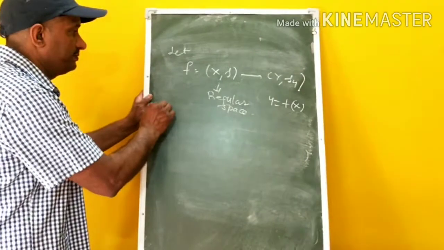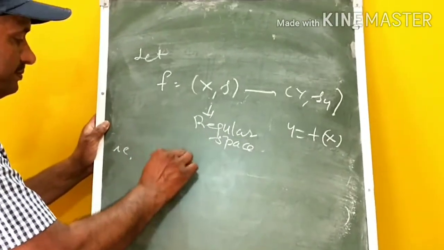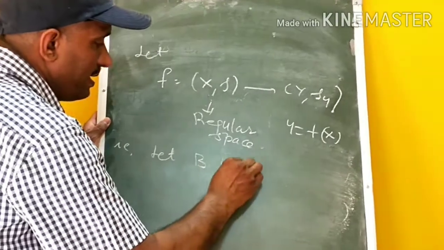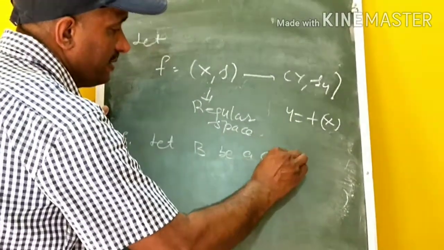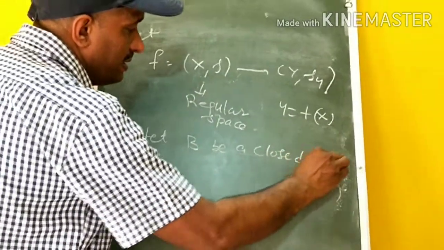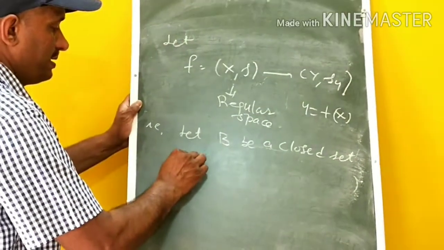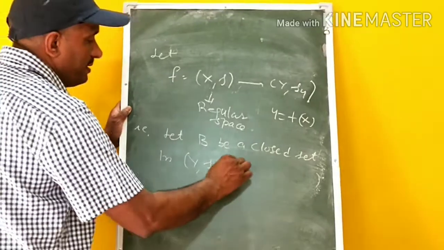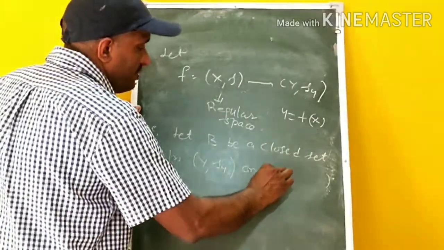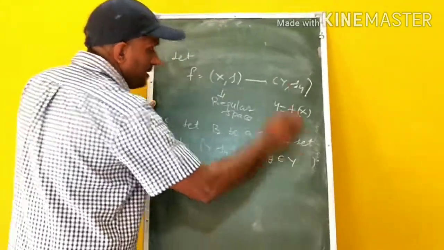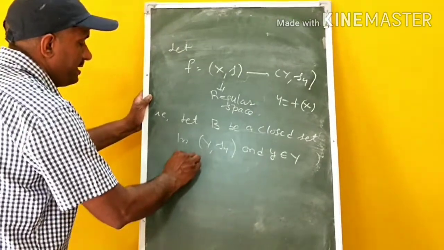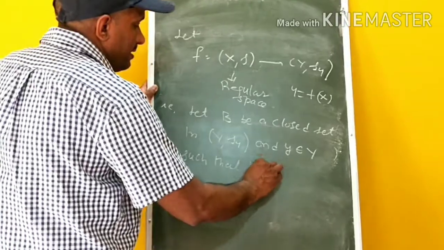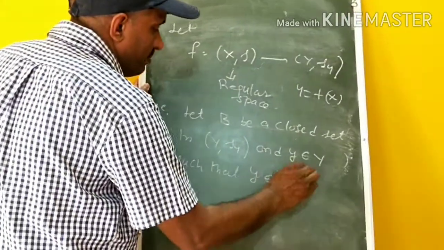That is, let B be a closed set in (Y, T'), and y be a point which belongs to Y such that y does not belong to B.